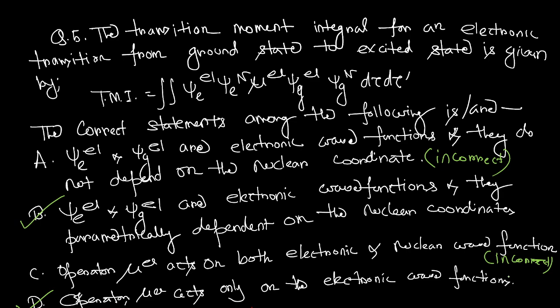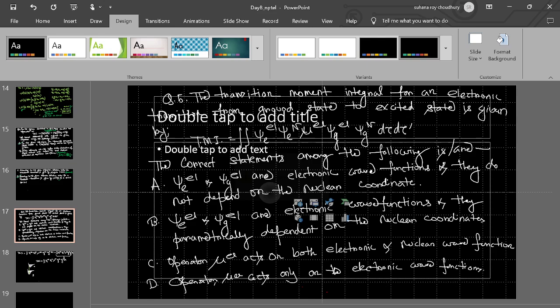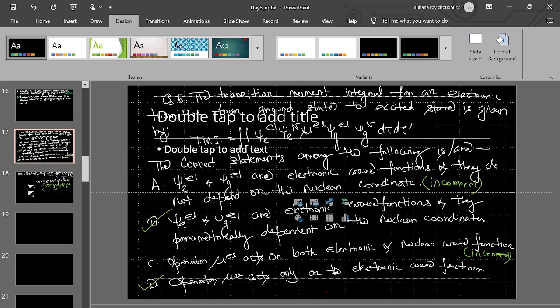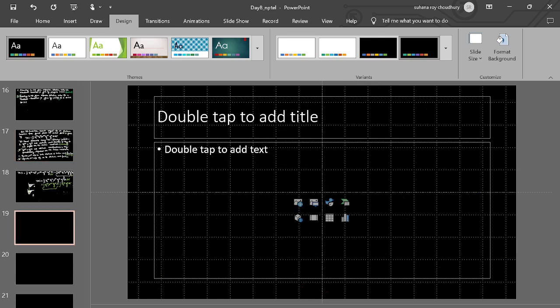It's a little glimpse of UV electronic excitation, and now we will look at a few more things about rotational spectra. Let's look at different types of rotors.